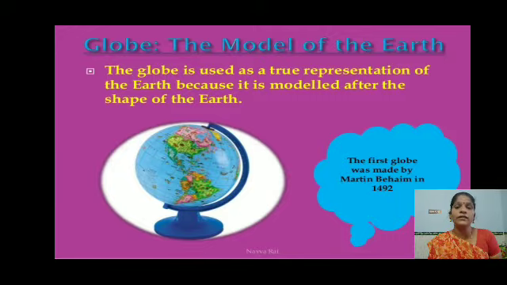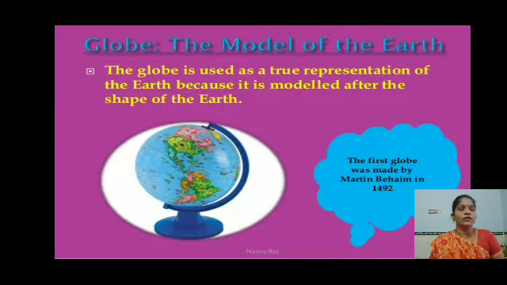And also, it is the true representation of our earth and also a 3D model of our earth. Okay, map is the 2D model of our earth. Here a globe shows the exact shape of our earth. Yes, the globe is used as a true representation of the earth because it is modeled after the shape of our earth.